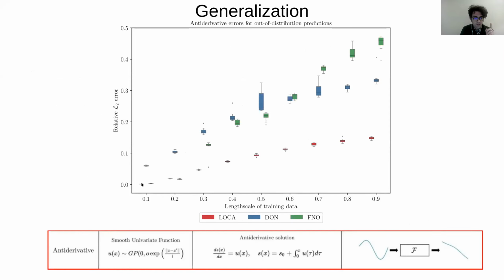Okay, so we will train at 0.1 length scale and test at 0.1. We will do that 10 times and then take the mean error each time, and then statistics. Then we will train at 0.2, test at 0.1, and so on and so forth, right? To see what happens in this distribution shift. Then you see that the local method reaches a plateau, while the other methods are constantly increasing the error.